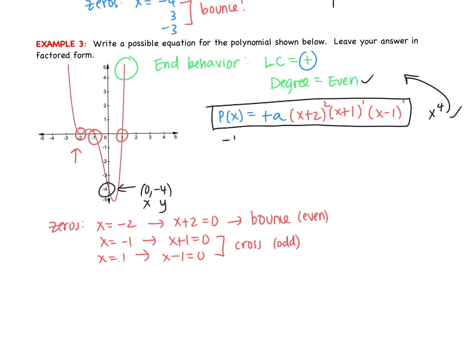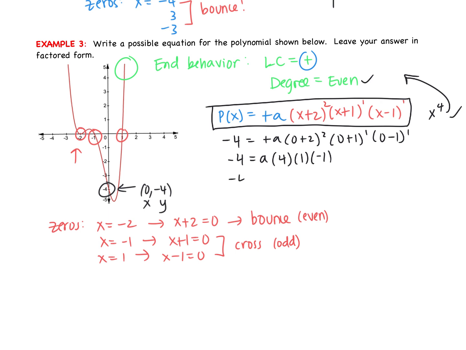So we get negative 4 is equal to positive a times 0 plus 2 squared, 0 plus 1 to the first, and 0 minus 1 to the first. So we get negative 4 is equal to a times 2 squared is 4 times 1 times negative 1.